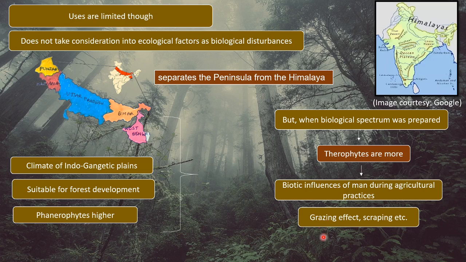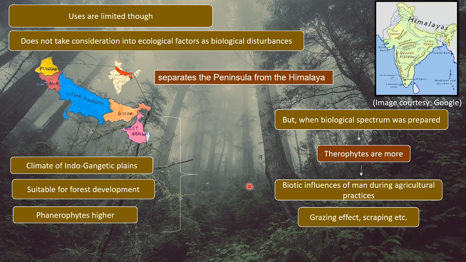So there is grazing effect also seen. The more the grazing, the more the clearance of green patches, right? And therefore also there is loss of forest, and due to these practices more therophytes were found rather than phanerophytes. Though this area is very fertile, it was found in the biological spectrum that therophytes were more, right?